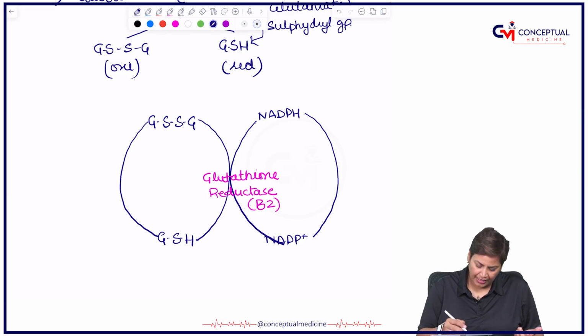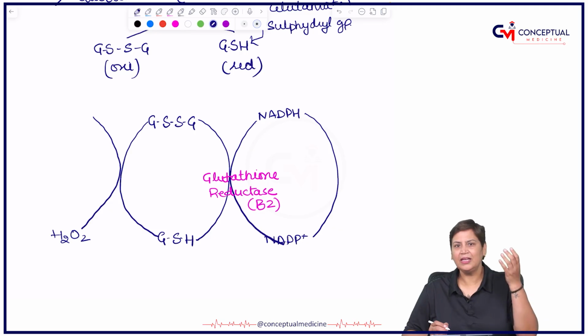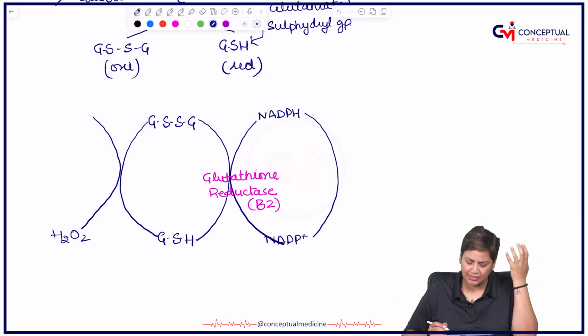Okay. Now, in this pathway, what is happening is, when glutathione is converted back to its oxidized form, H2O2, which is a very, very important, you know, the role of hydrogen peroxide. You know, hydrogen peroxide, वैसे भी, even if you go for manicures, pedicures, even in so many important things, hydrogen peroxide is used. Why? Because this is functioning as a very, very important generator of free radicals also.